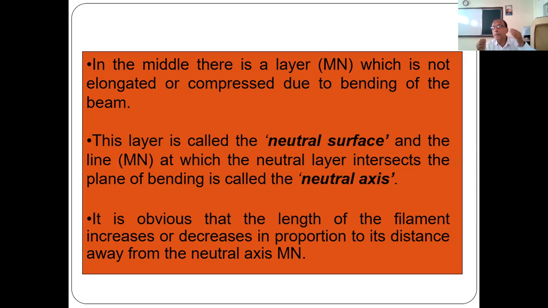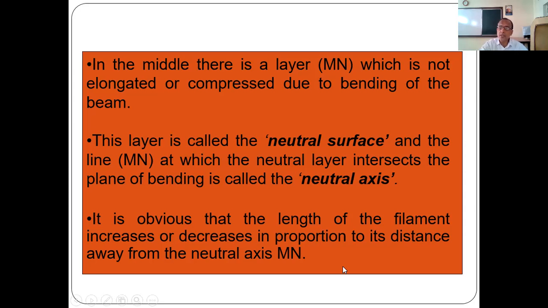That is, when the beam bends, in the upper surfaces there will be elongation, extension of length, and in the lower ones there will be compression, contraction, but in between these two layers there will be one layer or surface which will neither get extended nor compressed. In between the upper and lower planes, there is one plane which neither gets extended nor compressed, and that plane or that surface is called the neutral surface.